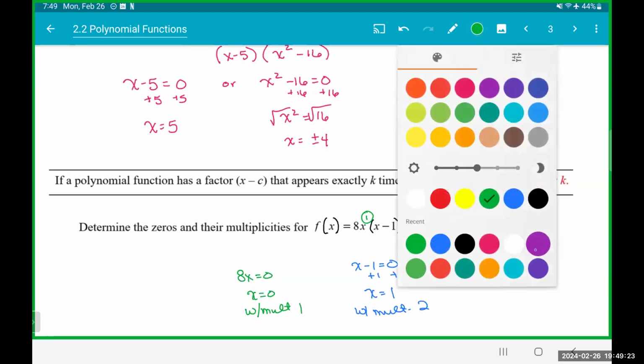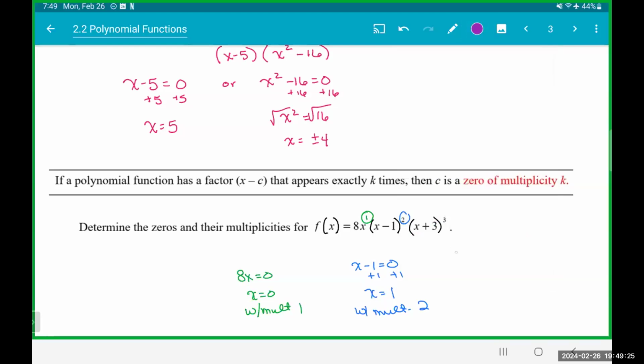And then finally, for this last one, we have x plus 3 equal to 0. So we subtract 3 from both sides, and we get x equal -3. And that's going to have multiplicity of 3 because of the exponent. Okay?